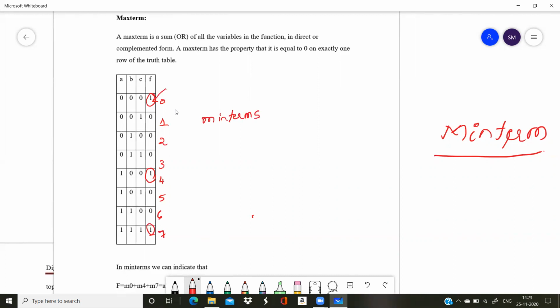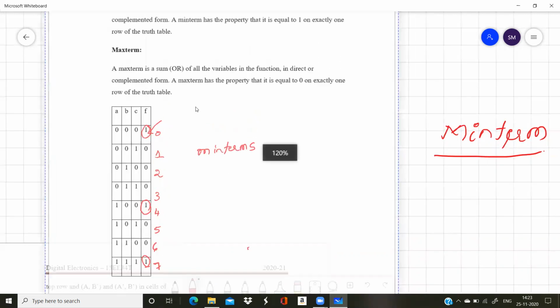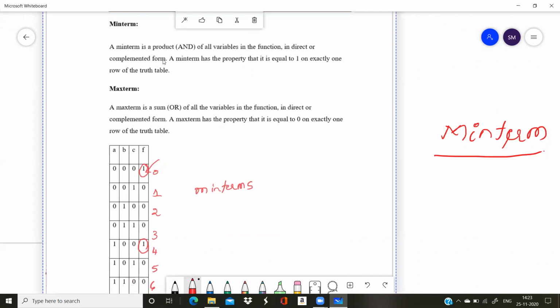So the min term is defined as a product of all variables in the function in direct or complemented form.